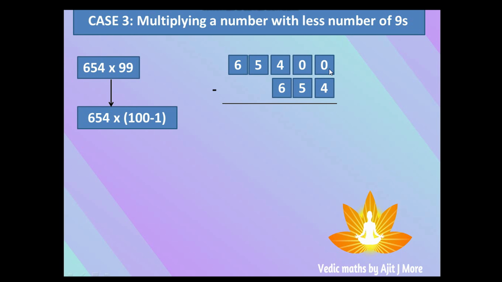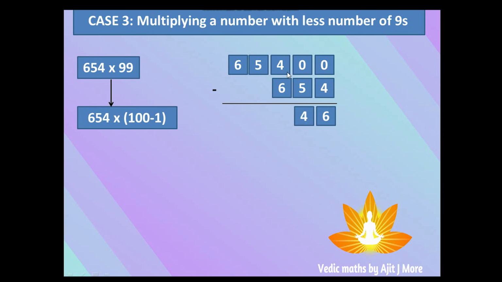But at this moment, just tell me, when I'm subtracting 4 from 0, I have to borrow from here. This will become 3, 9, 10. So 10 minus 4 is 6. 9 minus 5 is 4. And this is going to be 3, which is again lesser. I have to borrow 1 from here. So it will become 13. And 13 minus 6 is 7.